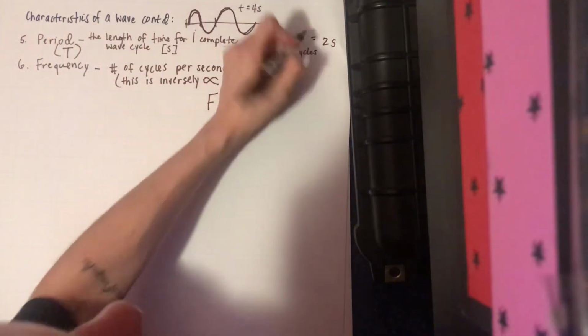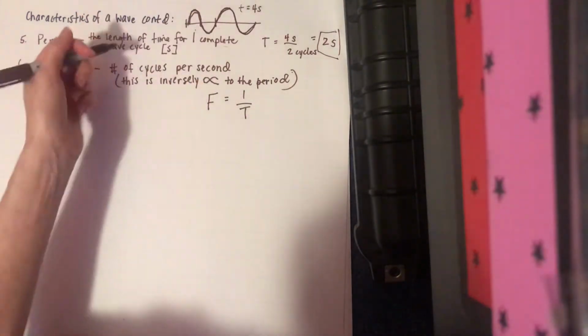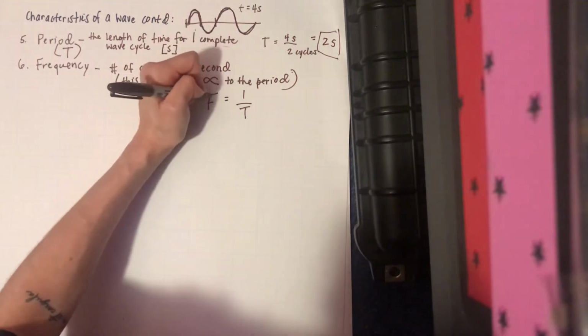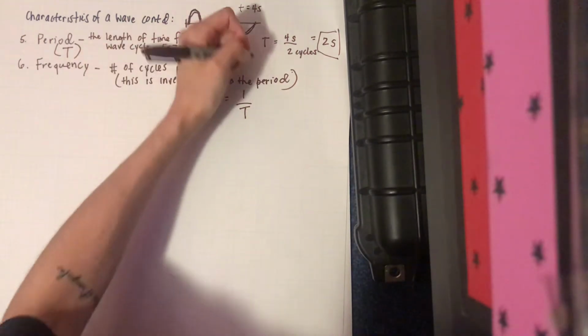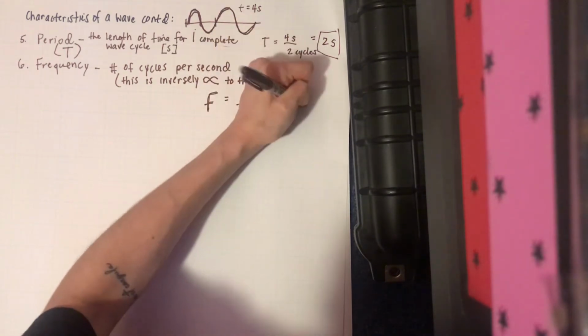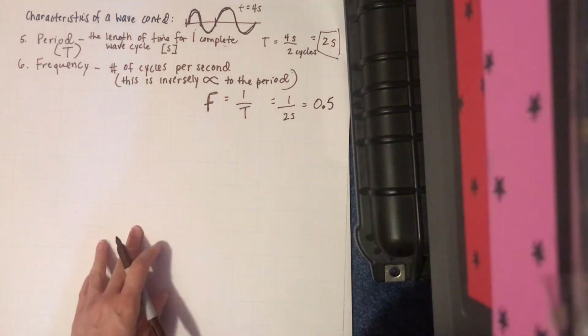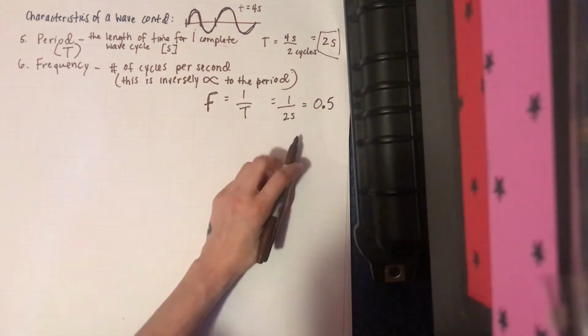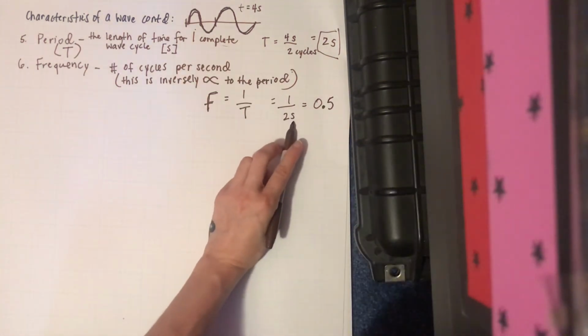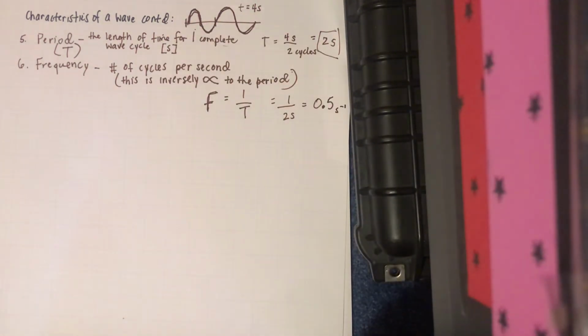In other words, we just solved for the period, 2 seconds for 1 cycle. So what would the frequency be here? Well, the frequency is going to be equal to 1 over 2 seconds. In other words, 0.5. But what is our unit for frequency? Well, technically it's seconds to the negative 1, right? So you could say seconds to the negative 1 as your unit.